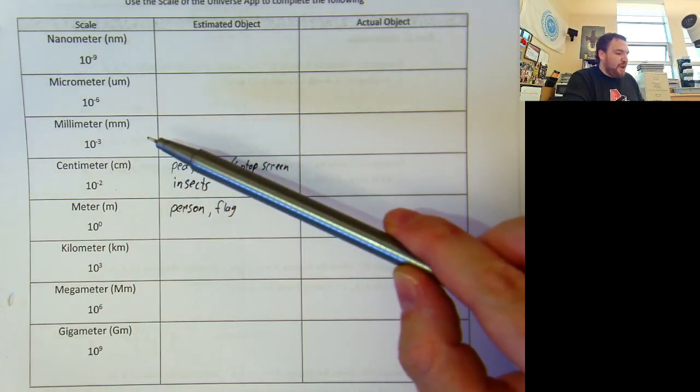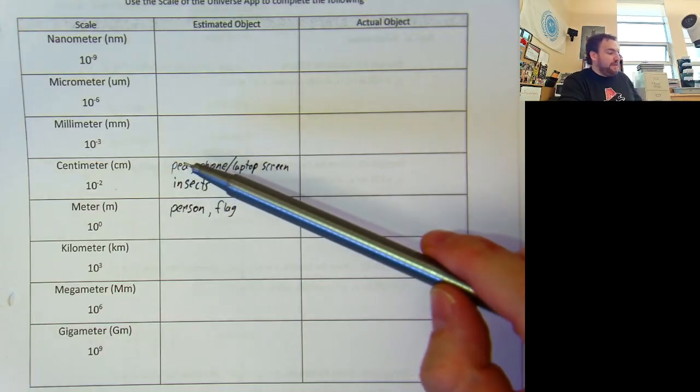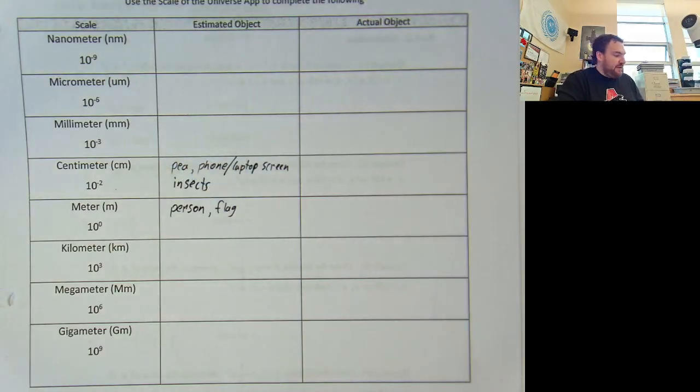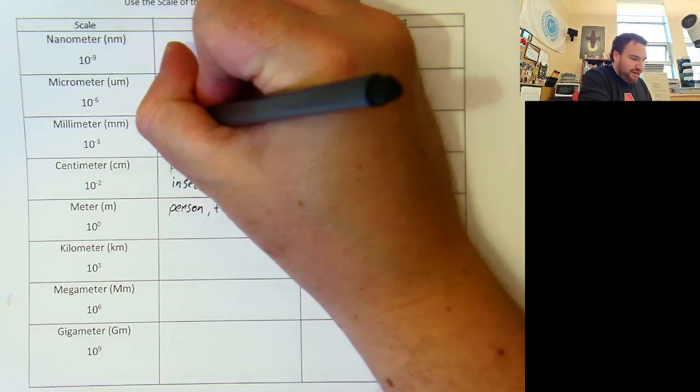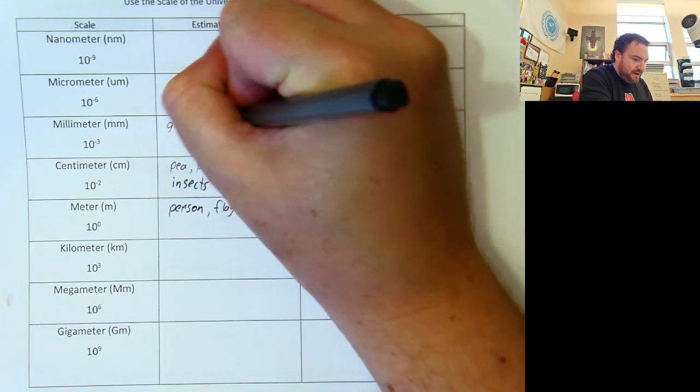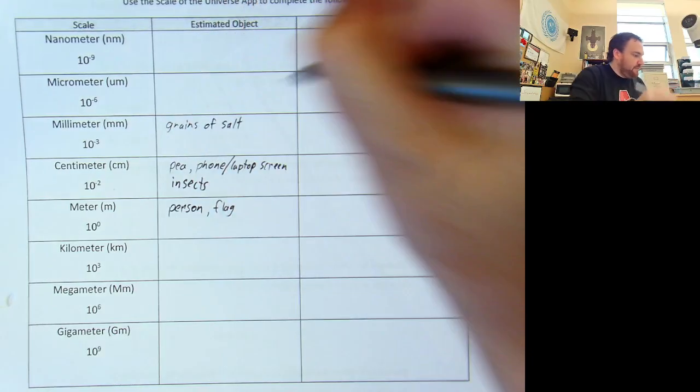Maybe, we'll see. What other kind of objects did you say were on the millimeter scale now? Millipede. No, that is incorrect, because a millipede would be on the centimeter scale. You're hilarious. What else? What would you measure on the millimeter scale? Yes, Abdu. Grains of salt? Oh, yeah. Grains of salt, perhaps.